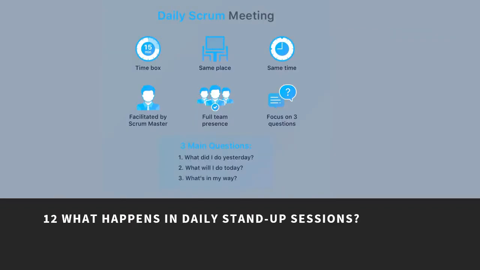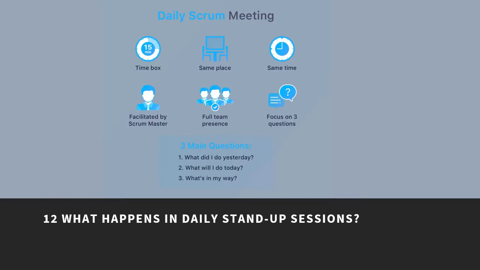What happens in the daily stand-up sessions? A daily stand-up session happens within the team in the same place, at the same time, and with a time box. The limit is 15 minutes, and the daily Scrum meeting is facilitated by the Scrum Master, and full team presence is needed.